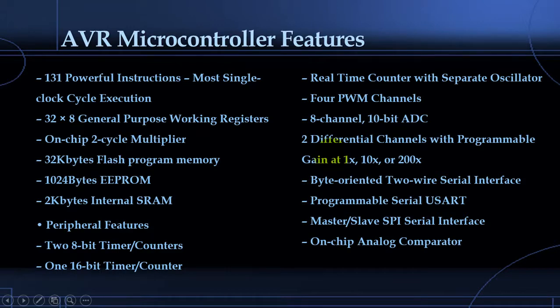It has an 8-channel 10-bit ADC, and among those 8 channels there are two differential channels with programmable gain of 1x, 10x and 200x. There is also on-chip SPI, JTAG, UART and I2C, which are serial communication protocols.